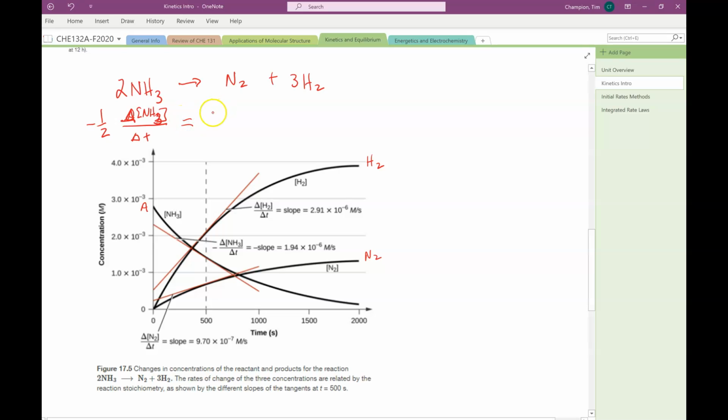That's going to be equal to positive 1 over 1 delta concentration of N2 over delta T. So where did that come from? Well, it's positive because it's a product, and the 1 over 1, that 1 comes from the invisible one, that's our coefficient there.